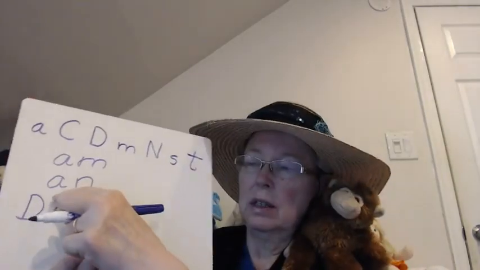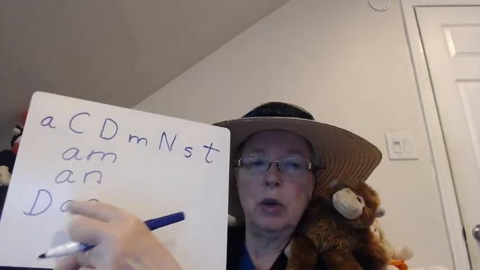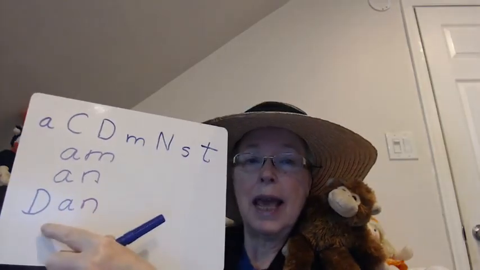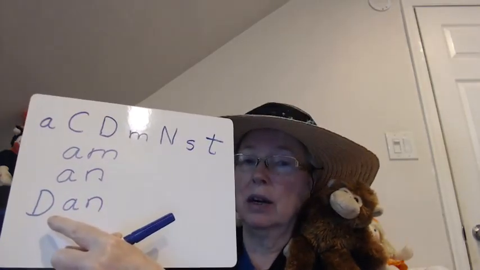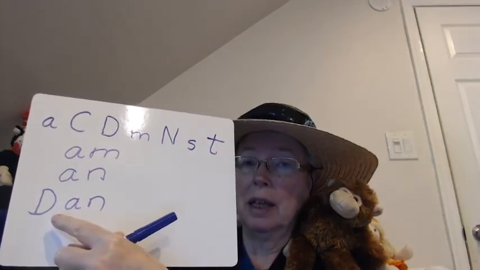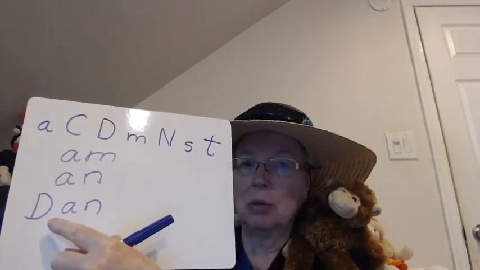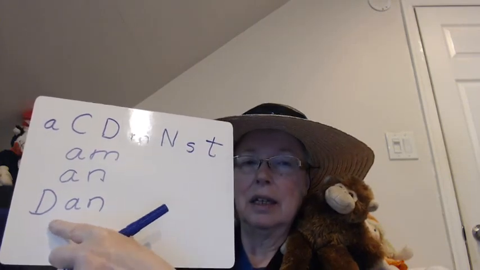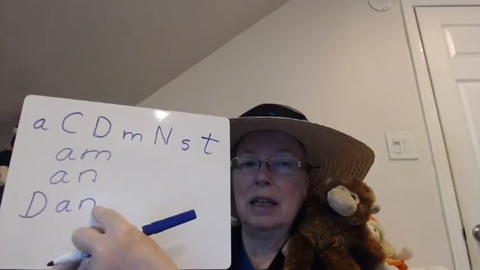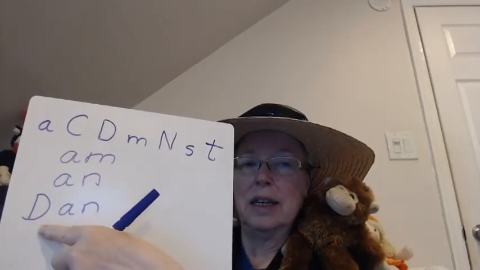This right here is an, and all we're doing is adding a D, uppercase D, to make the name, because we have an uppercase letter, and names start with capital letters, uppercase letters. Capital, uppercase letters are really the same thing. Dan. Ann. Dan.